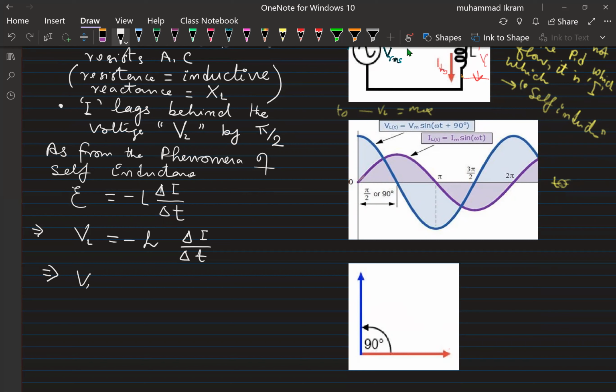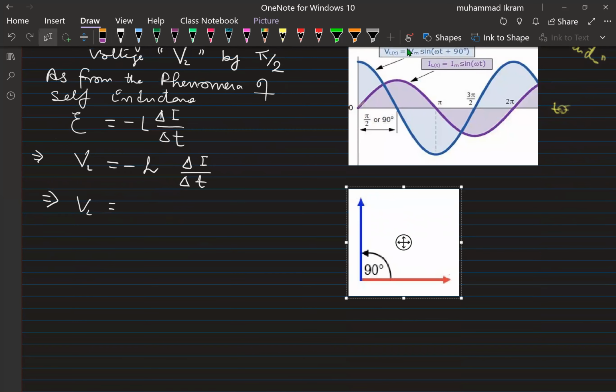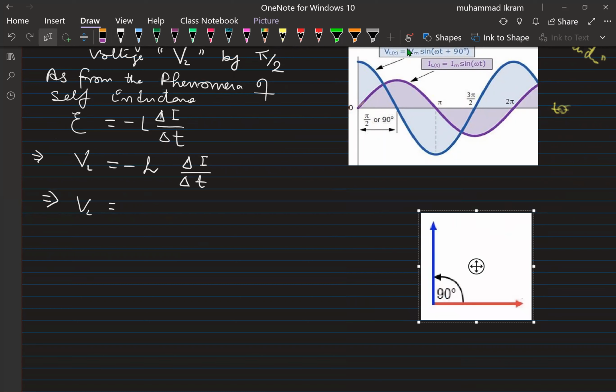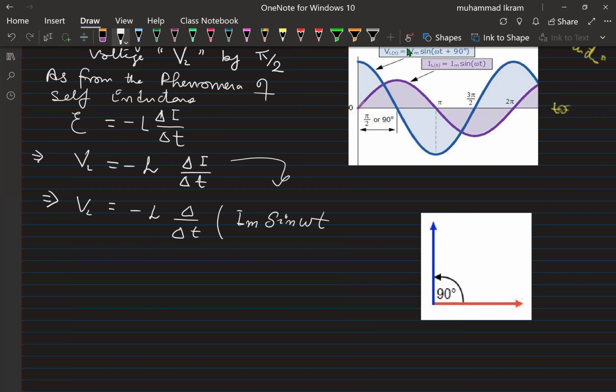So further, I can write that this VL is equal to minus L into delta I by delta t. Now for the AC circuit, what is this I? It is I max into sine omega t, right?